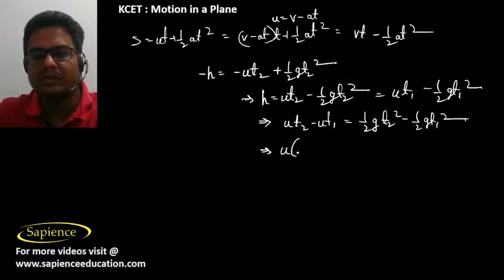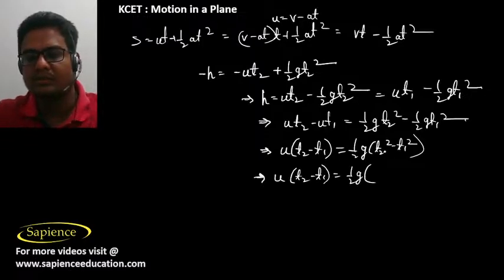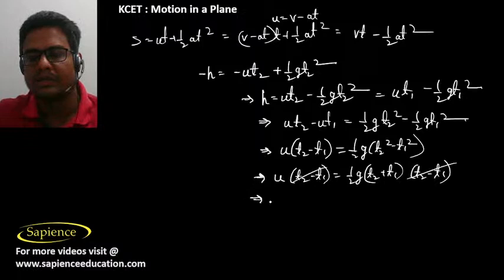So u into t2 minus t1 is equal to half g into t2 square minus t1 square. So u into t2 minus t1 is equal to half g into, a square minus b square, we can say it is a plus b into a minus b, t2 plus t1 into t2 minus t1. So these two will cancel, so then we will get u equal to half g into t2 plus t1.